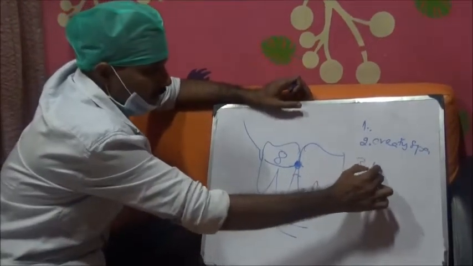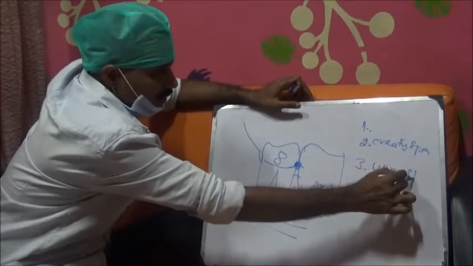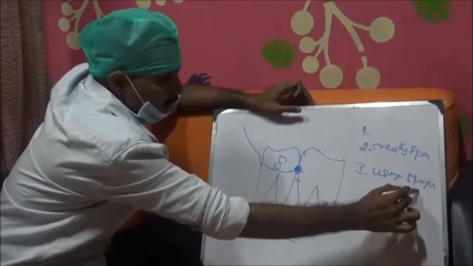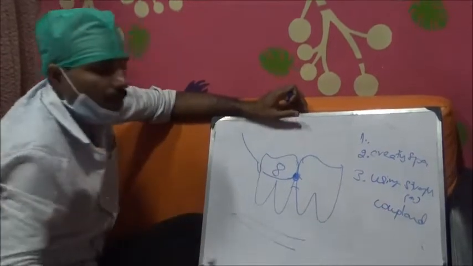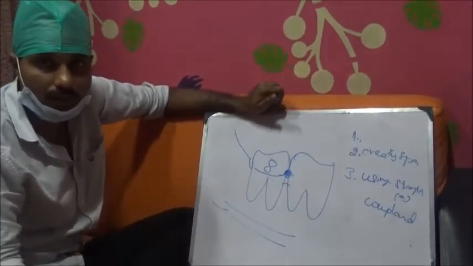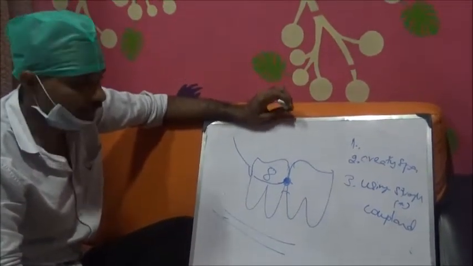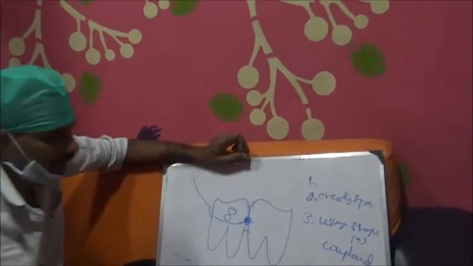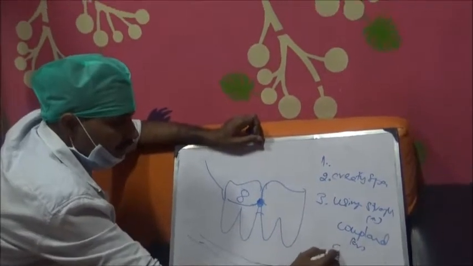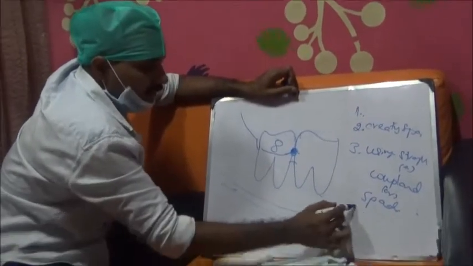Then third point is using a straight elevator or Copeland elevator or angle periotome. Okay, periotome elevator, Copeland spade elevator. Spade elevator will be like this.